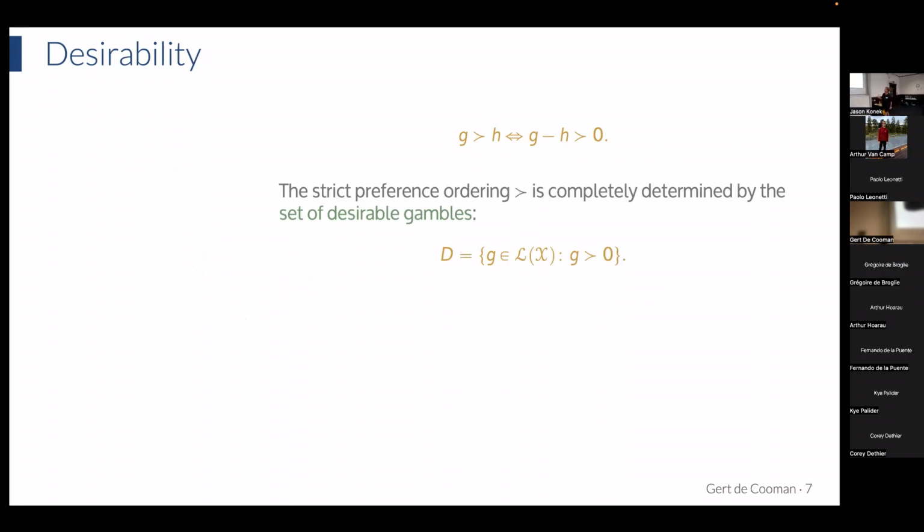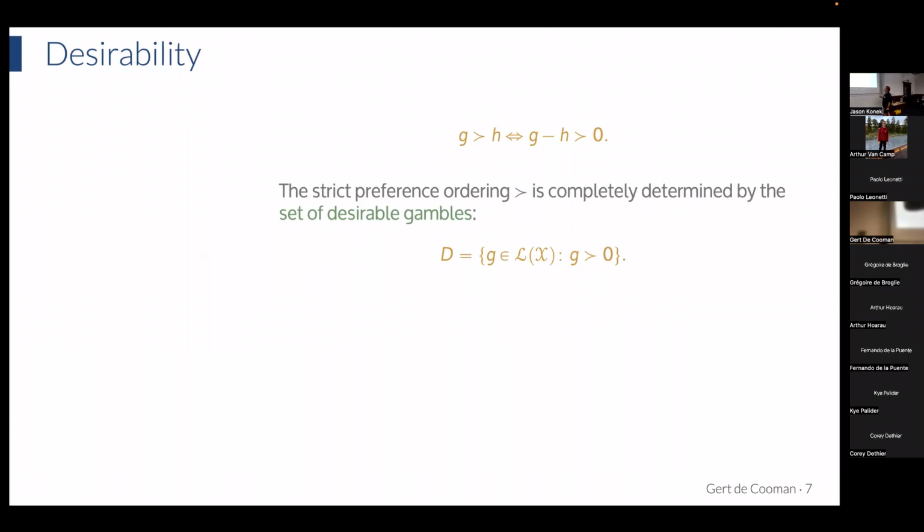So in order to define this ordering on all gambles, all I need to know is which gambles are strictly greater than 0. If I know this set D, the set of all gambles that you strictly prefer to 0, then this set completely determines this order. They're in a one-to-one relationship with each other.